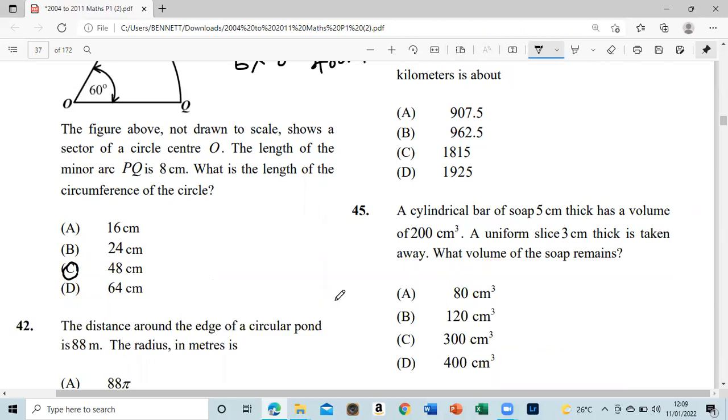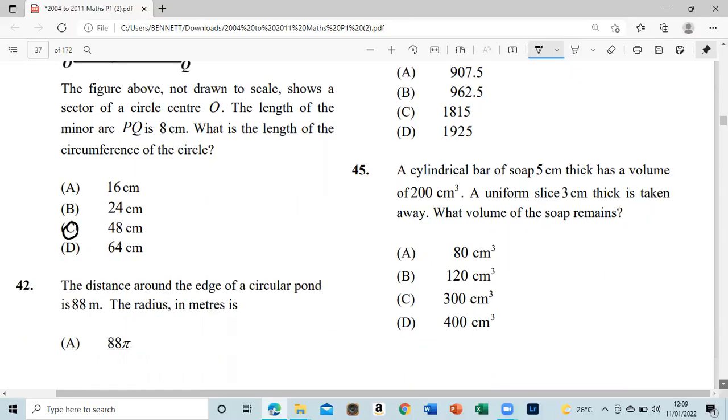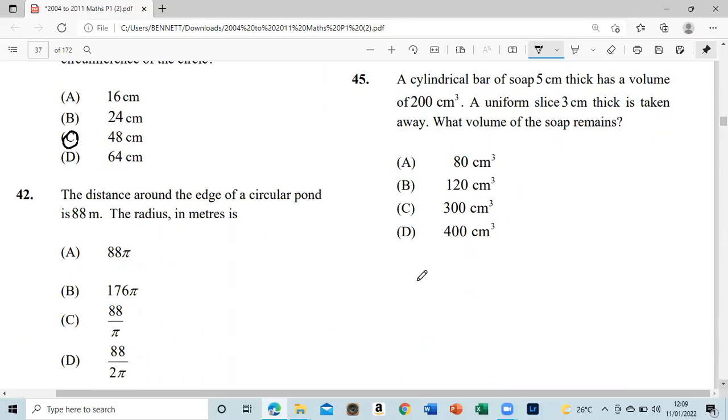The distance around the edge of a circular pond is 88 meters. The radius in meters is, notice they don't want us to work out pi. We know that circumference is equal to 2 pi r, all right? Circumference of a circle is 2 pi r. But we know that the circumference is 88, so 88 equals 2 pi times the r, because they don't want us to work it out, you see pi in all of them.